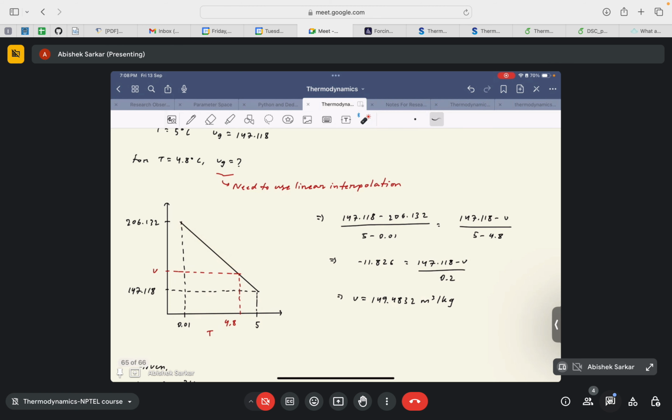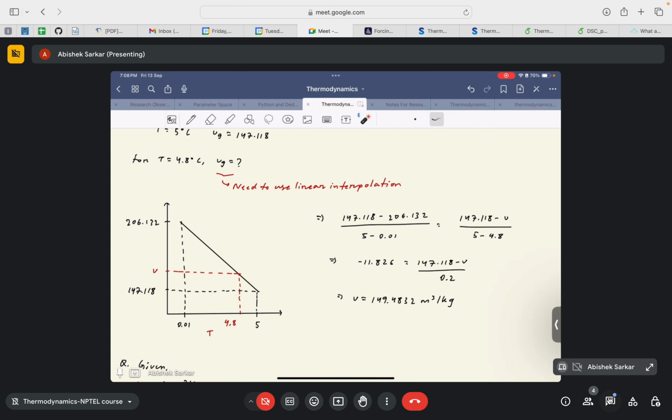The very concept of linear interpolation is that the slope of these lines, whichever two values you want to use, is completely your choice, would be the same. The slope of the line is determined by the difference in the y values over the difference in the x values, or in this case, the difference in specific volume over the difference in temperature.